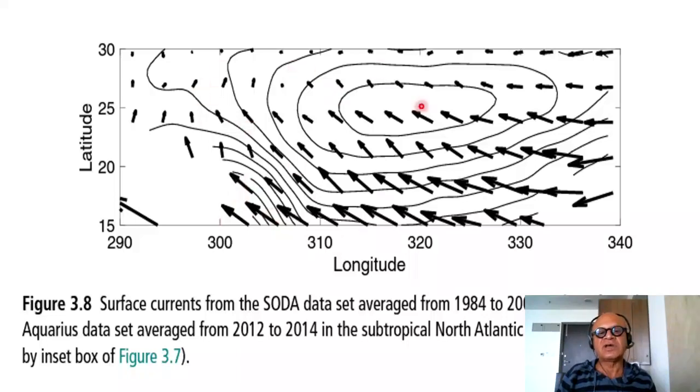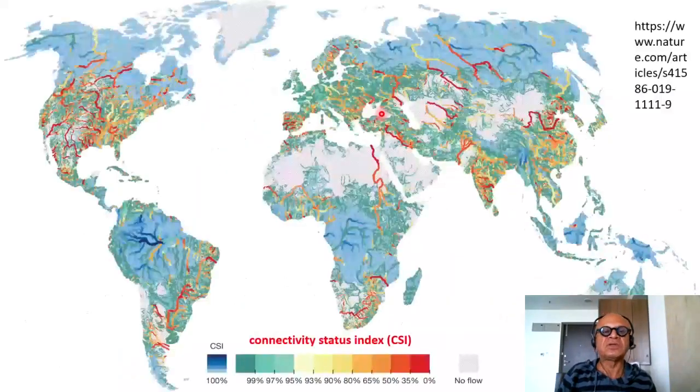And you can see how the subtropical gyre and the convergence create high salinities in the middle.